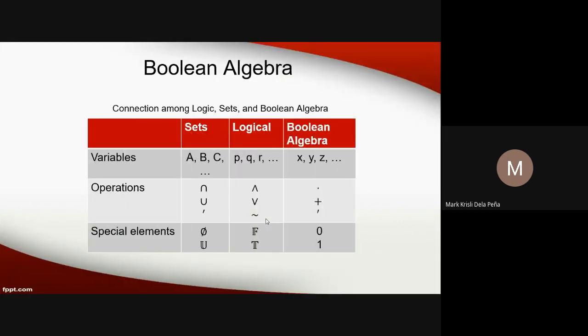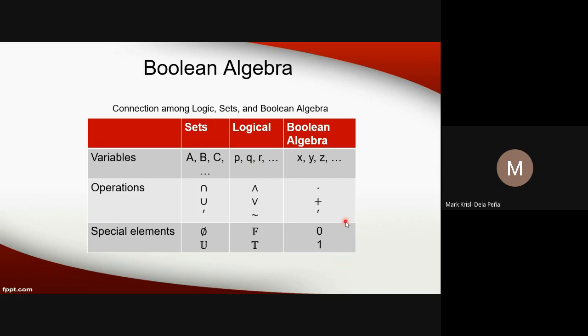Now, in comparison, we can compare the different Boolean operations with the other topics that we have discussed. Sets will be discussed in the next module, but we already have discussed logic, the basic logical connectives. And this time we will be discussing Boolean algebra.